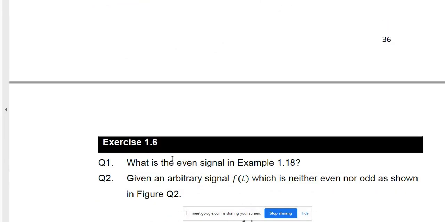So okay, is there any question? Class? Is there any question? No, doctor.